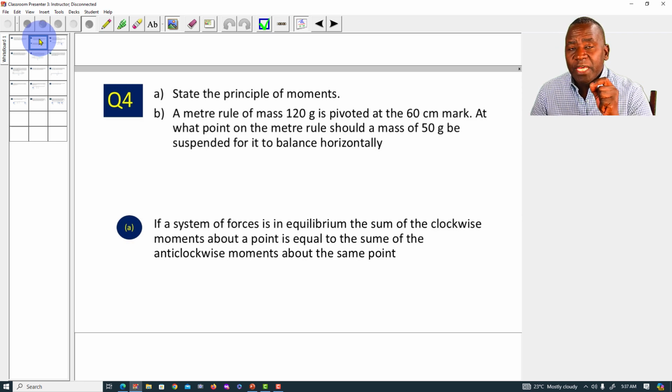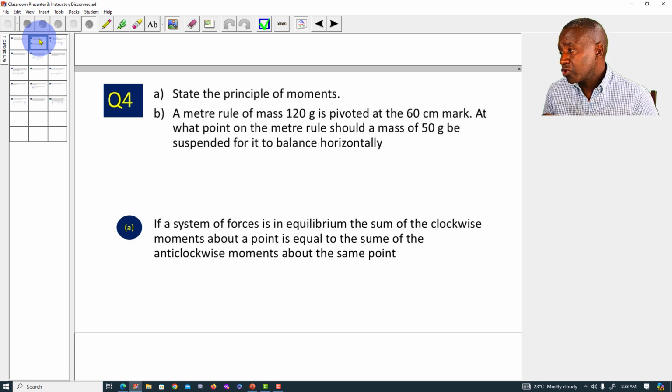that it must be a uniform meter rule for its center of gravity to be at the 50 centimeter mark. So when you're given a question like this, you will realize that it is not possible for you to solve this question without drawing a diagram.